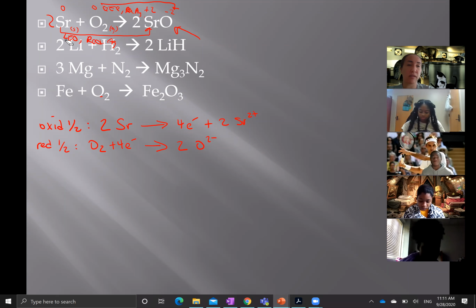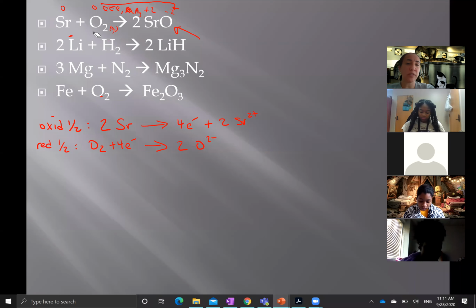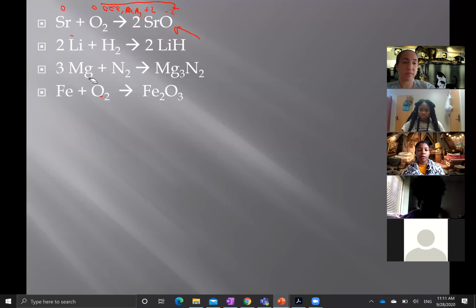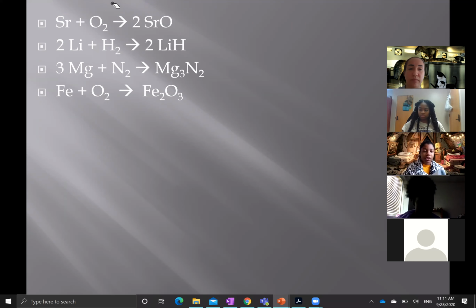Let's try the second one. So help me, is it balanced? If not, help me balance it. It's balanced. Okay, great. So next, what do I do? Oxidation numbers.